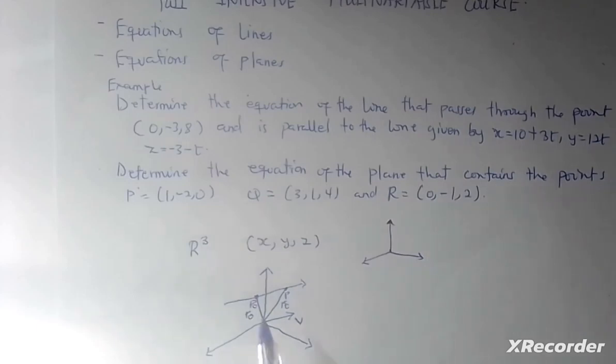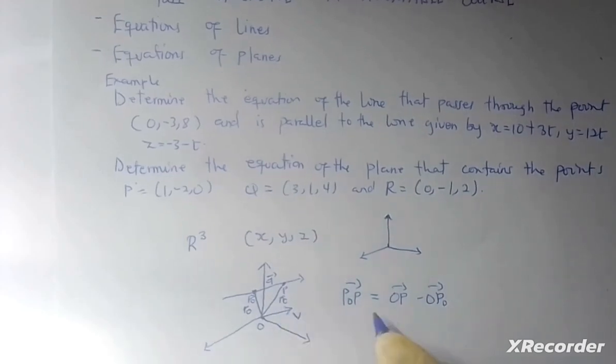Then here is going to be the vector P naught P, which I represent with a letter A, that is vector A. From vectors, if I want to find the vector P naught P, it's simply going to be vector OP minus vector OP naught, where my OP is simply my R(t), minus my OP naught, which is R naught, and this is vector A.